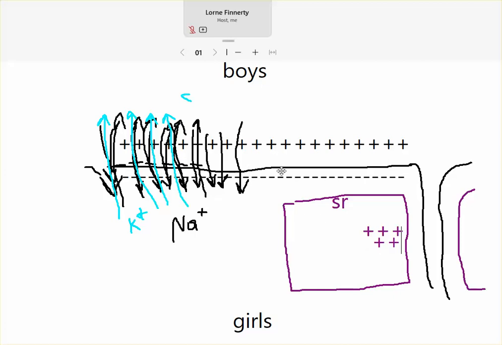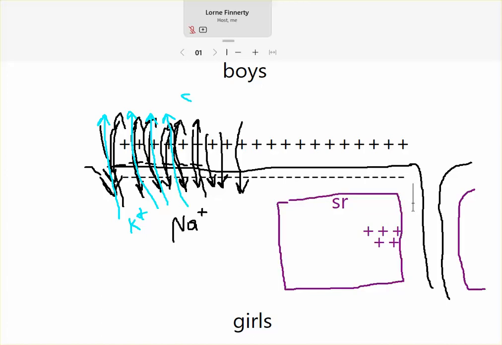Out here, we have negative charges. And in here, we have all of these positive charges.